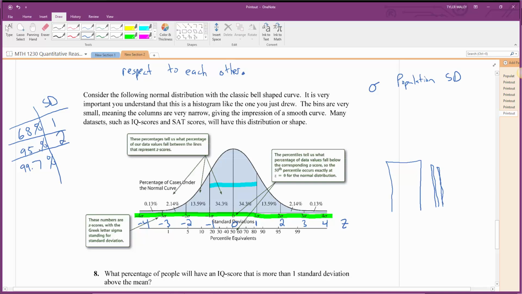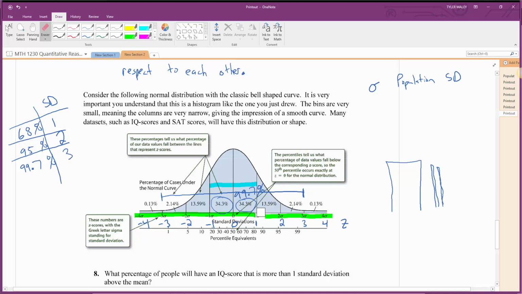If you're 2 standard deviations away, approximately 95% of your scores will be between -2 and 2z, and then 99.7%, so most of your z-scores will be within 3 standard deviations, between -3 and 3. There's roughly 99.7% of my data between those, and these numbers will be very close to this.